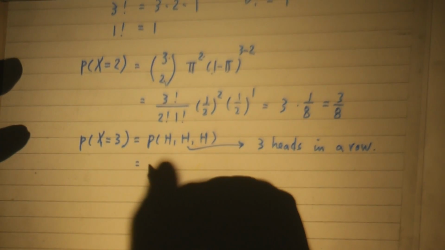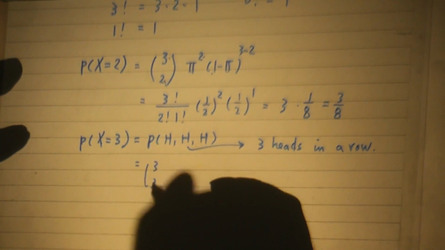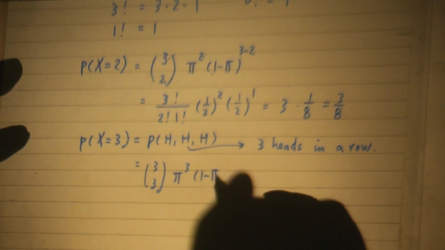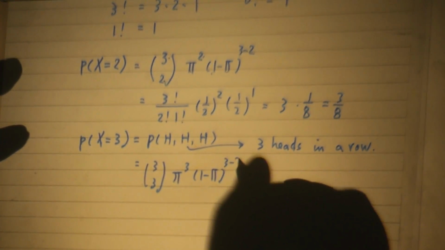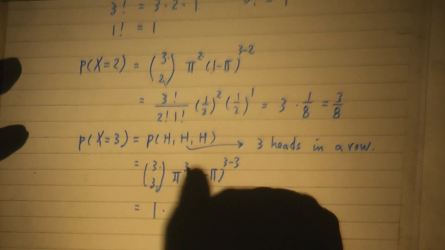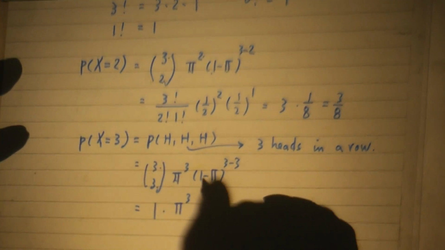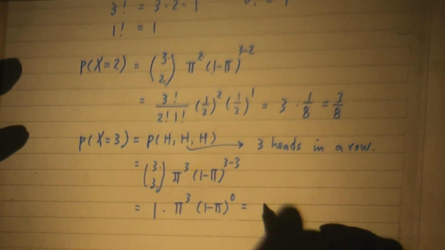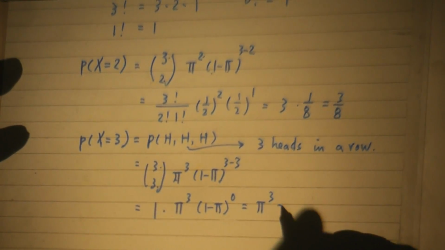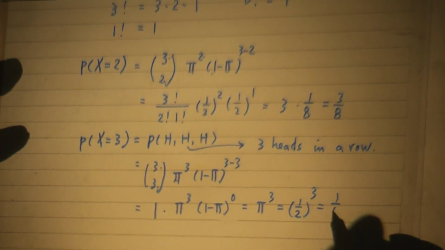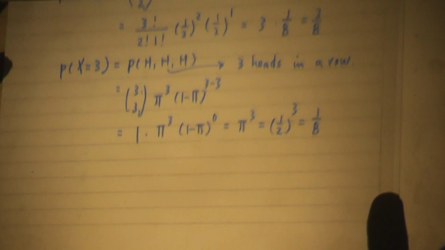By applying our formula, it's 3 choose 3, pi to the power 3, 1 minus pi to the power 3 minus 3. So 3 choose 3 is 1. Pi to the power 3 is pi to the power 3. 1 minus pi to the power of 0 is 1. So this is pi to the power 3. In our case, pi is 1/2. To the power 3 is 1 over 8. So look at here.